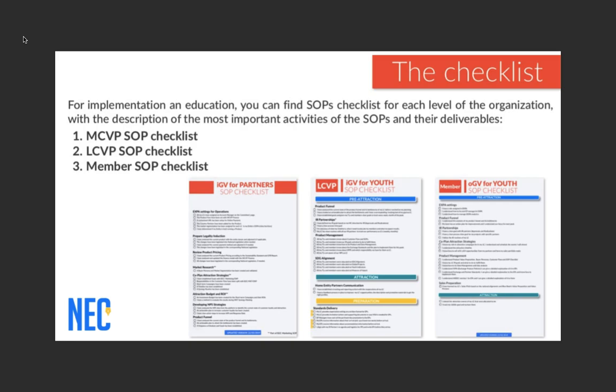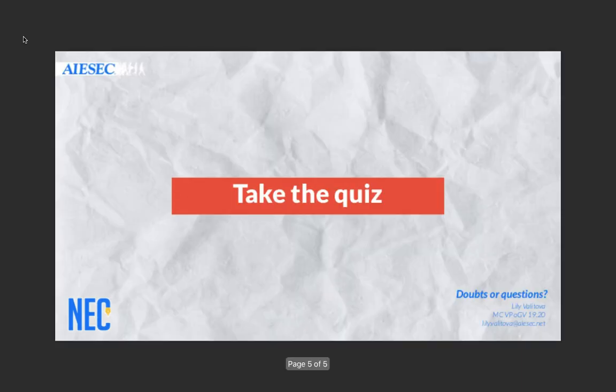And going through the LCVP SOP checklist will also be an amazing benefit for you in order to understand how to manage the EP and the sales of the product in the best way.